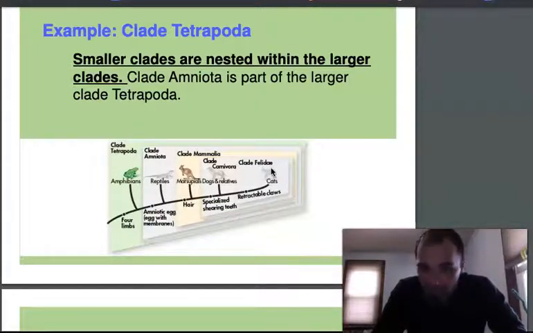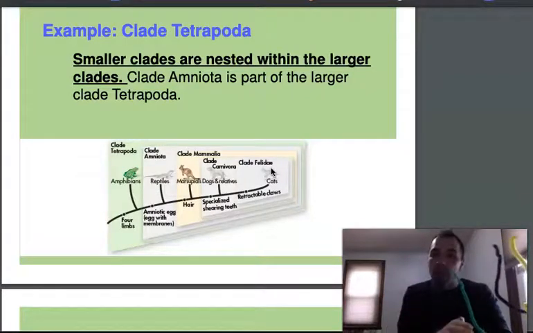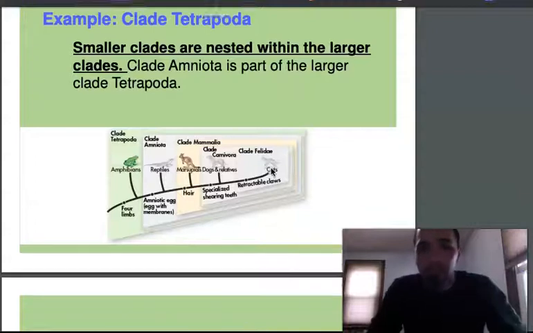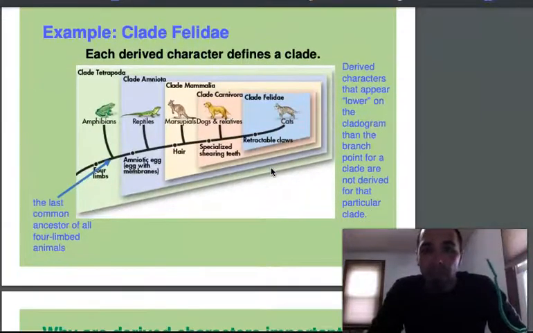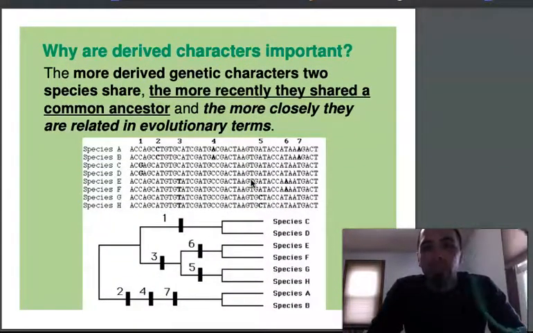They don't have any of these other things. If you look at a cladogram, everything below, nothing above. And here's felidae again. We talk about cats. This is the last common ancestor of all four-limbed animals, and then these are the characteristics. Why are they important? Because they show us how recently they shared a common ancestor.